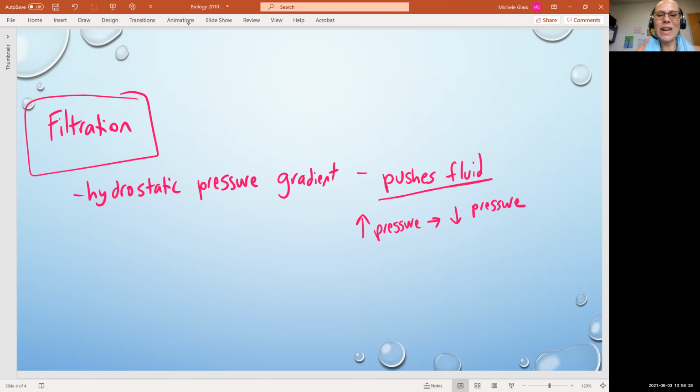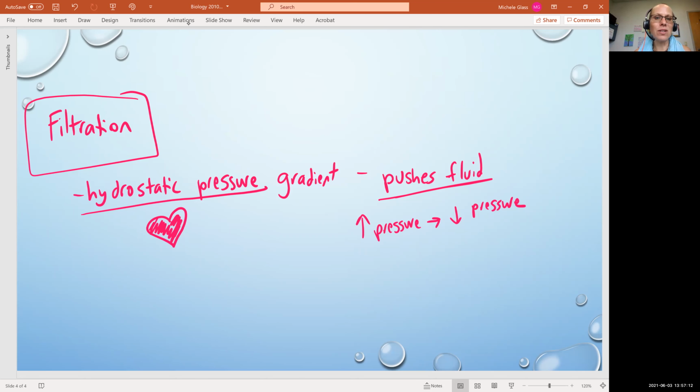Now, here's the thing. Whenever we're talking anatomy and physiology, whenever we're talking about the body and we talk about hydrostatic pressure gradient, I think about the heart. So what we're really talking about is as your heart pumps and pushes the blood through the arterial system, it's creating pressure. And so what that means is as the blood and all the dissolved nutrients are being pushed through the blood vessels, there's a big, huge buildup of pressure until you get to the capillary, and the capillary is the vessel where material can leave.